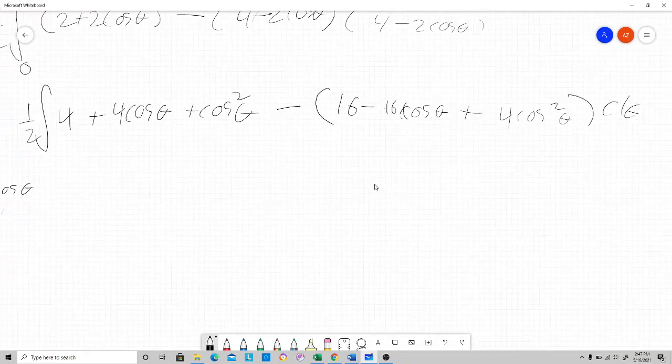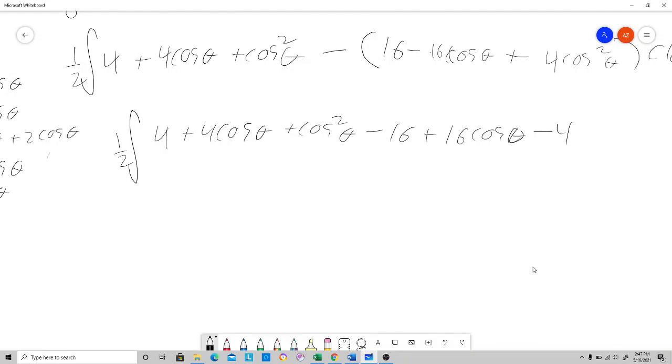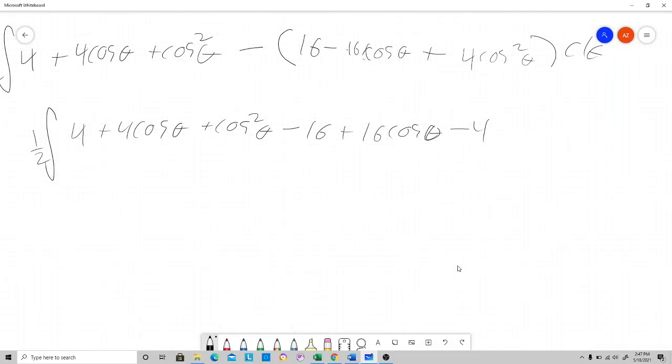So now let's expand all of this. This should be 4 plus 4 cosine theta plus cosine squared theta minus 16 plus 16 cosine theta minus 4 cosine squared theta. Okay, so now we can combine like terms.